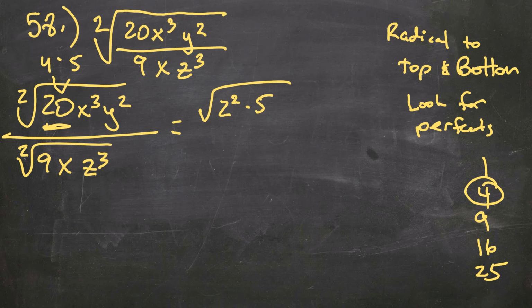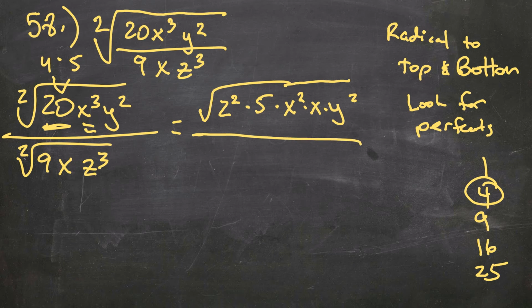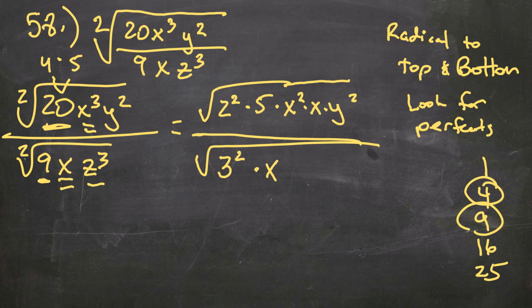So this 20 turned into 4 times 5. X cubed is going to turn into x squared and x. And y squared is already perfect, so it's going to stay the way it is. Now the bottom, 9 is a perfect square. So I'm going to rewrite this as 3 squared. X I can't do anything with, so I just write it as x. Z cubed, I write it as z cubed.